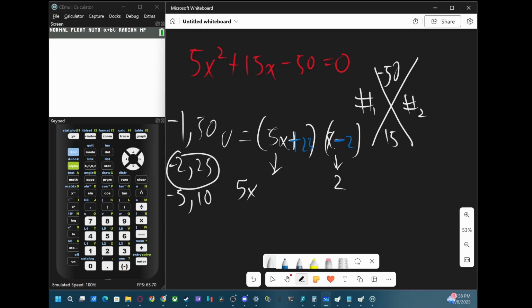I'll show you how to do it. 5x plus 25 is equal to 0. You do minus 25, that's minus 25 is equal to 5x. Now divide both sides by 5, that means x is now equal to negative 5. So that means the second x is equal to negative 5.